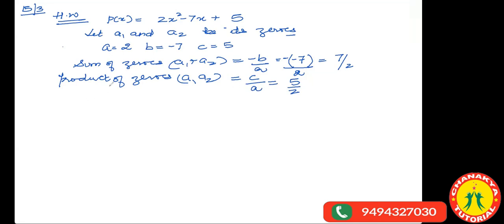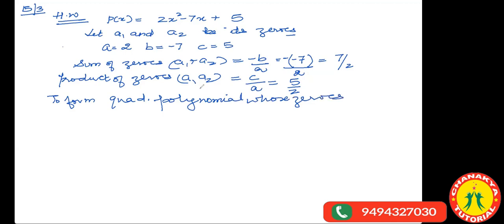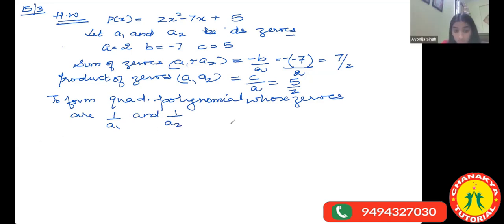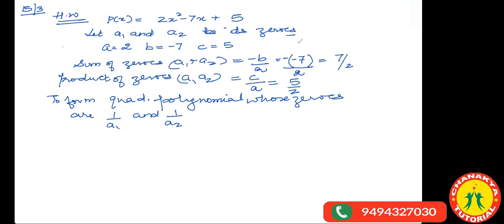Now next, we have to form a quadratic polynomial whose zeros are reciprocal to the above polynomial's zeros, right? So whose zeros will be 1 upon a1 and 1 upon a2, right, children? Yes, ma'am. Now to form a quadratic polynomial, we need to find the sum of the zeros and the product of the zeros.